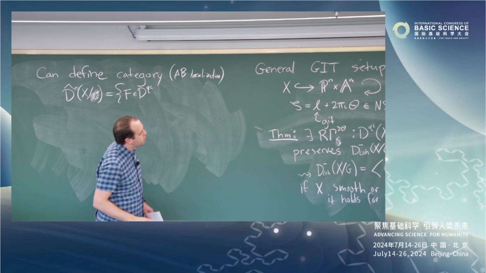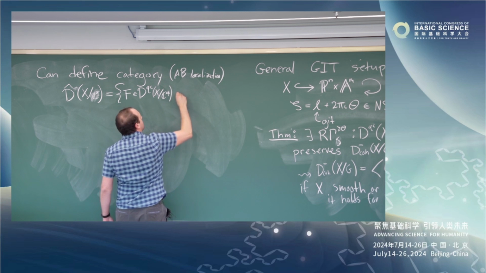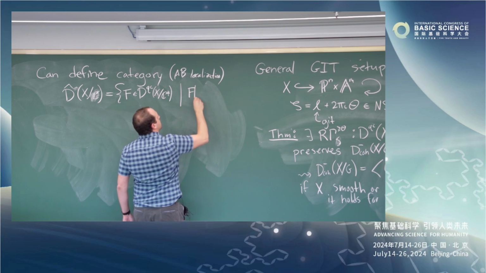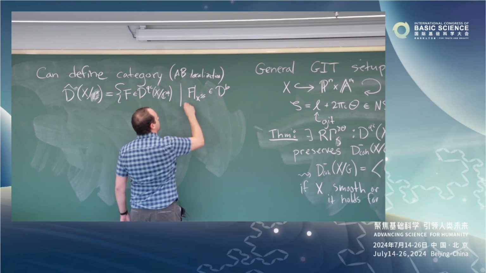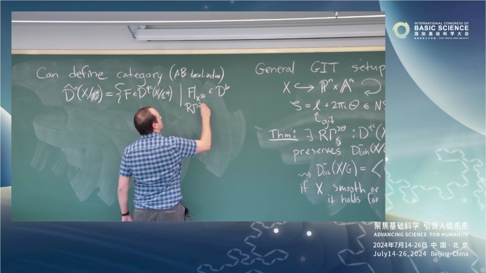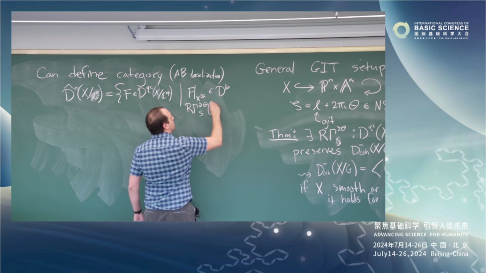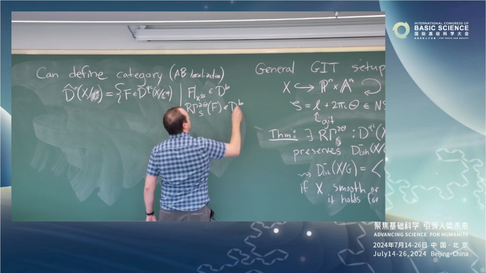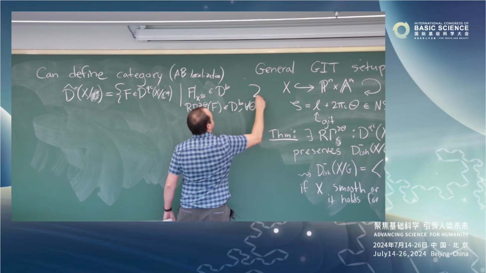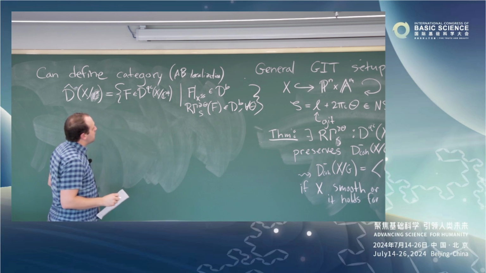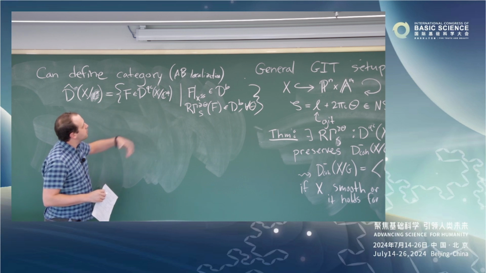So it's the full subcategory of quasi-coherent complexes such that F restricted to X semi-stable is in DB, and this restricted cohomology functor for the unstable locus is in dB for all theta. So, I mean, dB lives in this category, but other things live in this category too.